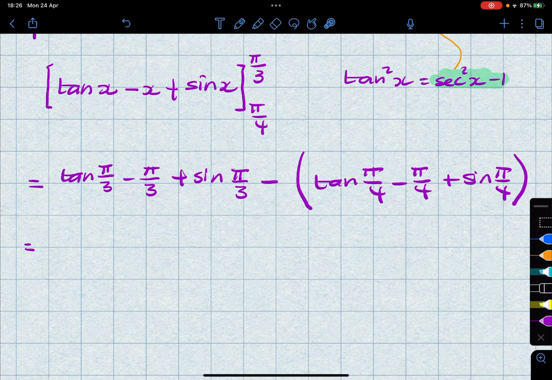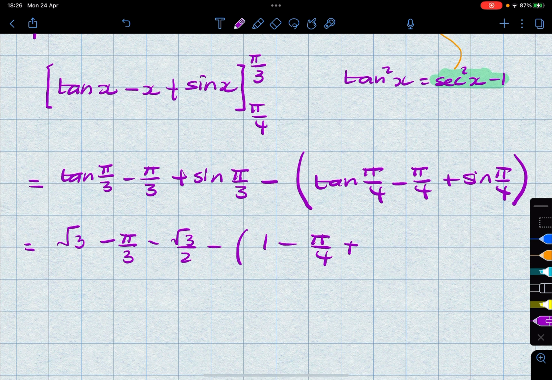So tan pi over 3 is root 3. Sine pi over 3 is root 3 over 2. Tan pi over 4 is 1. And sine pi over 4 is root 2 over 2.